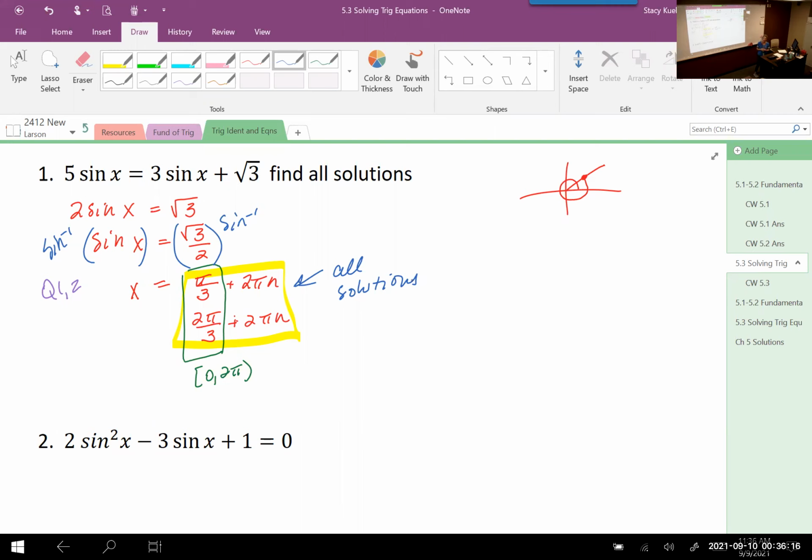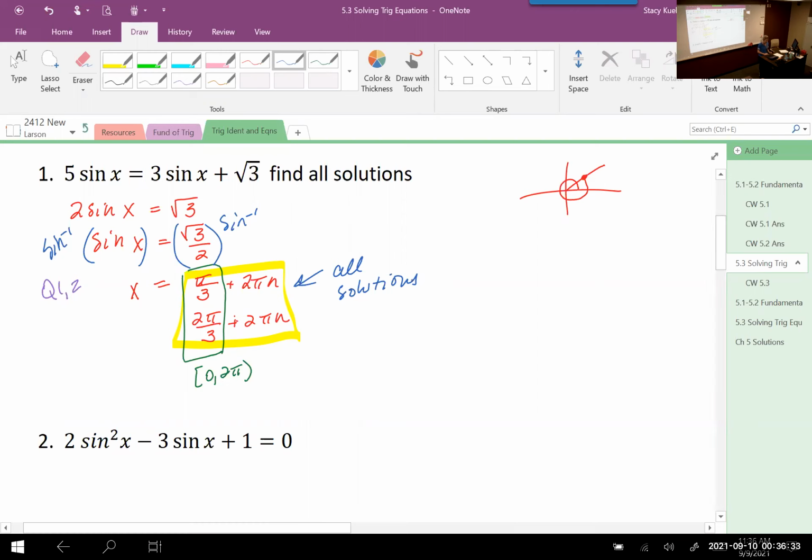How would I check solutions graphically? Can you just graph it and then find it? Graph what? Graph that function and then find it. Hold on, Javi. Yes, we're going to graph one side and then we're going to graph the other, right?